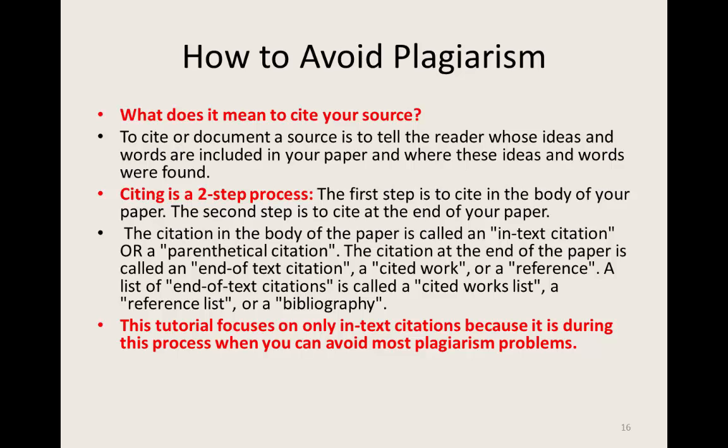A list of the end-of-text citations is called a cited works list or a reference list or a bibliography. Depends on your citation style. This tutorial focuses on only in-text citations because it is during this process when you can avoid most plagiarism problems.